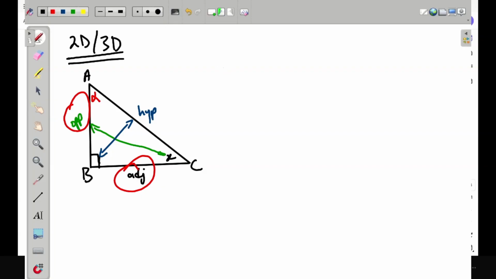But of course you would have learned about this thing called SOHCAHTOA. All right? And there are two things to this. The first thing that you need to note is that we use these ratios: sine is opposite over hypotenuse, cos is adjacent over hypotenuse, and tan is opposite over adjacent.